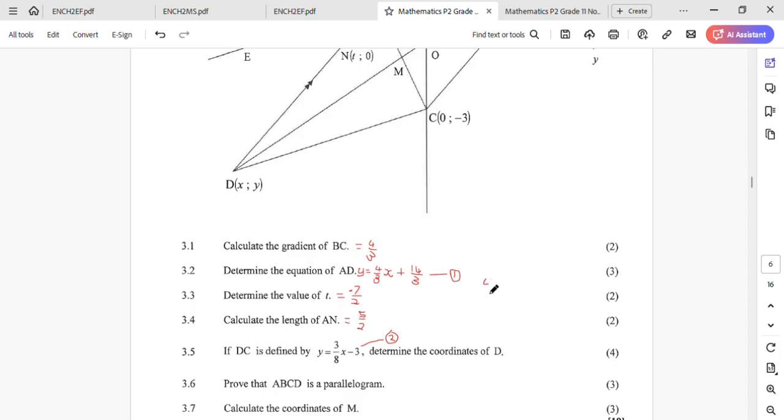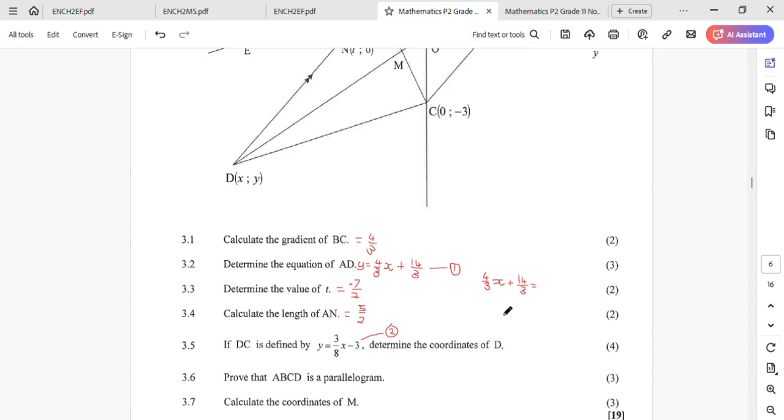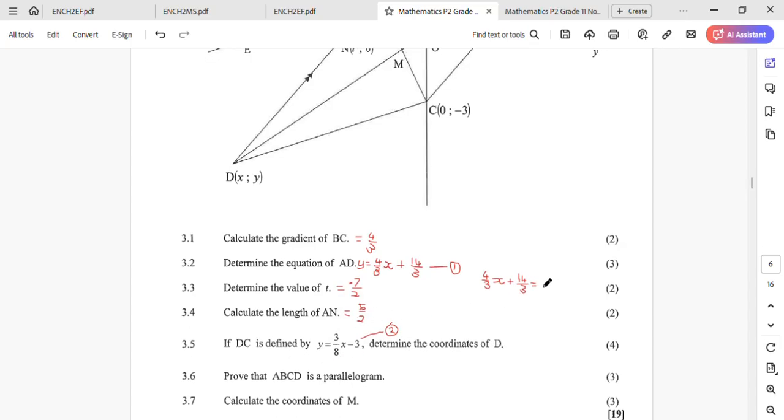So it's going to be 4 over 3 x, 14 over 3, and 3 over 8 x. Just equating the two equations.